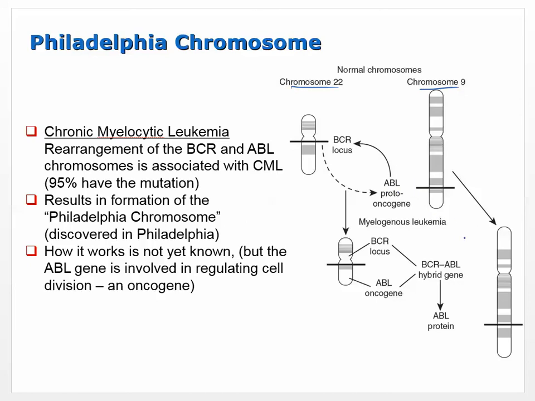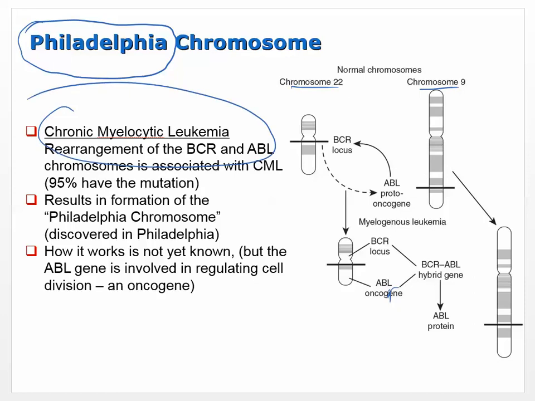Let's see, ABL. Can't remember what that means either. L may stand for leukemia, so there's that. But anyway, it's called the Philadelphia chromosome, not because it's shaped like Philadelphia. It's because it was discovered by two different labs almost simultaneously, and those labs happen to be located in Philadelphia. Okay, so remember, that's associated with CML, or chronic myelocytic leukemia.